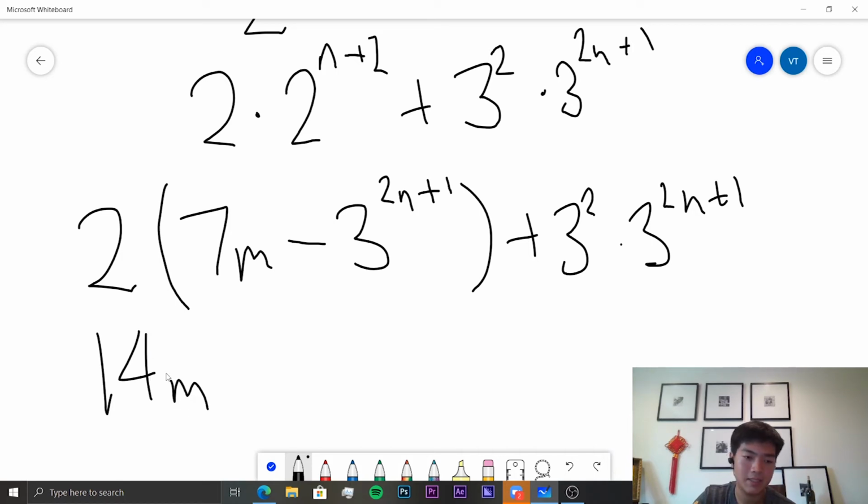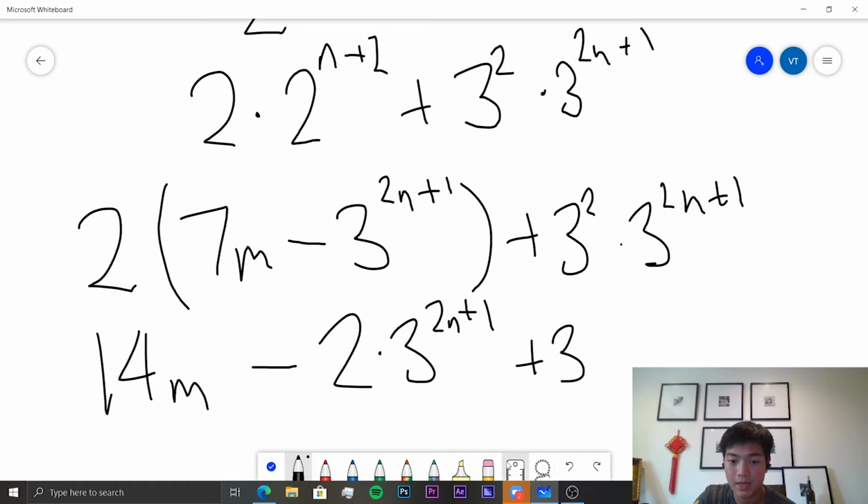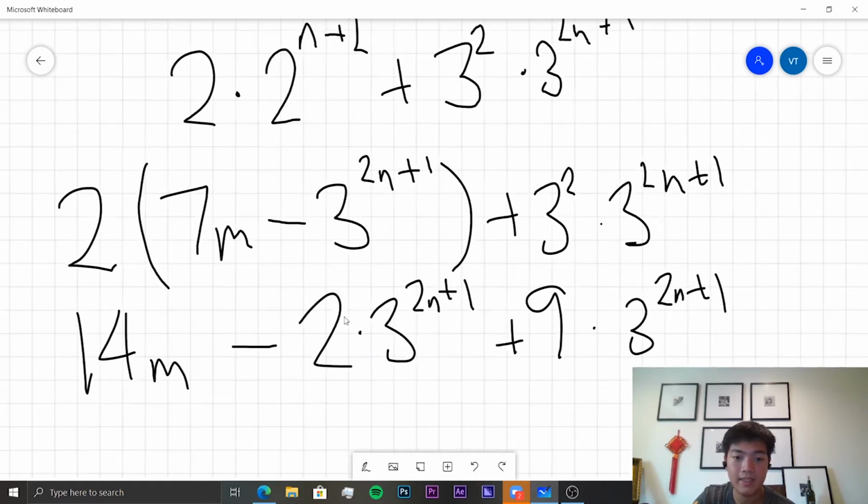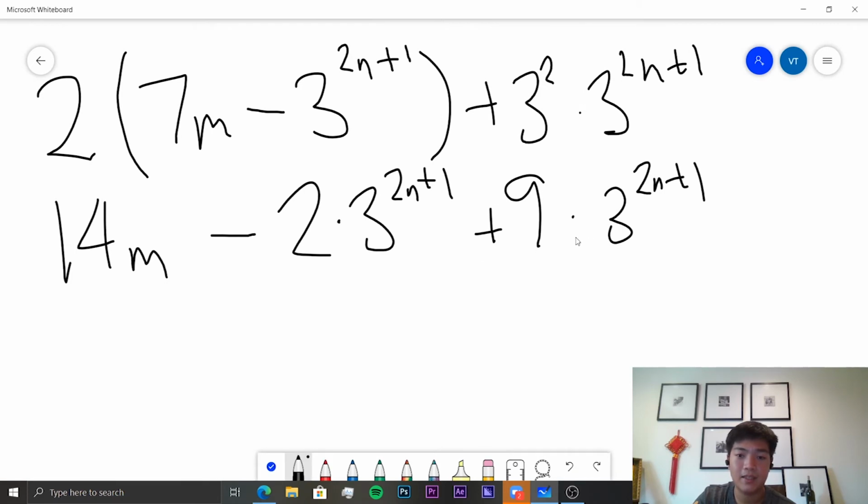Remember, m is just a number that's divisible by 7, minus 2 times 3 to the 2n plus 1, plus 3 squared, which is 9. I'll change that to 9, times 3 to the 2n plus 1. And 9 minus 2 is 7. So it's simply 14m plus 7 times 3 to the 2n plus 1.